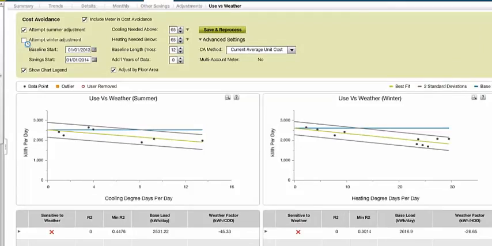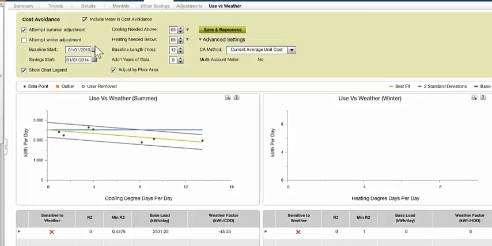So I'm not going to attempt a winter adjustment. I have the same baseline and saving start date. I've attempted a summer adjustment, but my usage is really pretty flat across all of the months that are considered air conditioning months. My balance point is set at 65. That doesn't look unreasonable. Maybe I'll set it to 64.